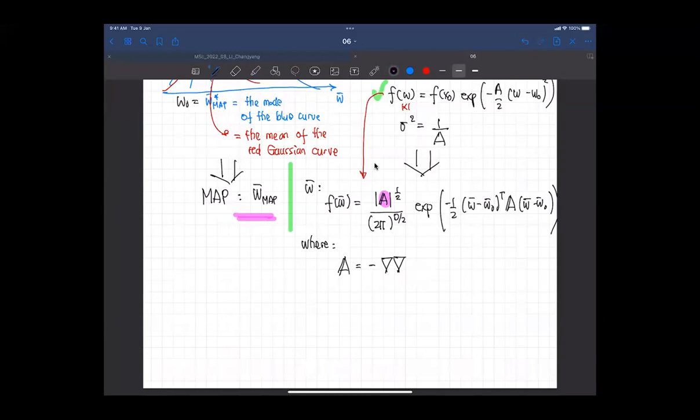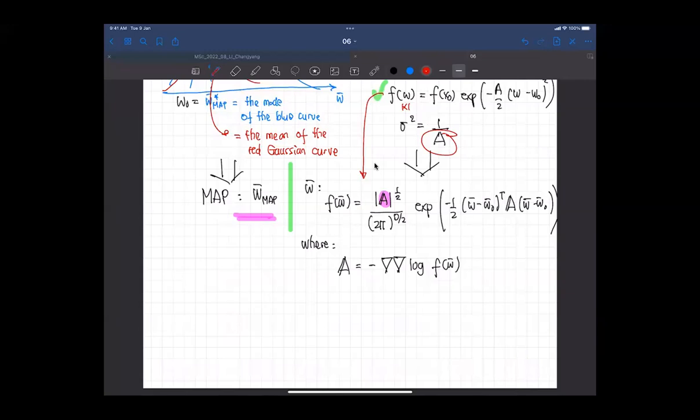of log f(W). So that's the definition of A that we discussed last week.